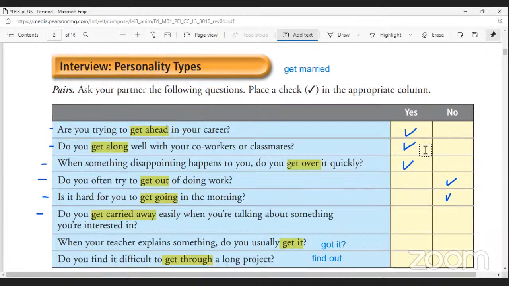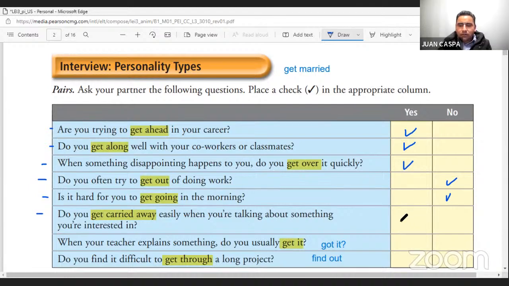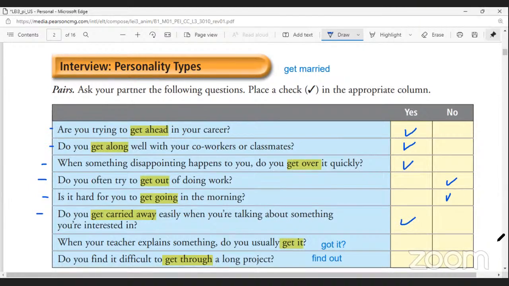And yes, it's easy to talk about something that interests me. Yeah, when something interests you, of course, you get carried away easily, right? Very good.